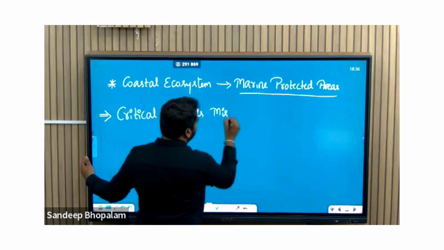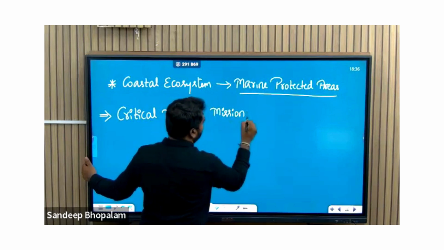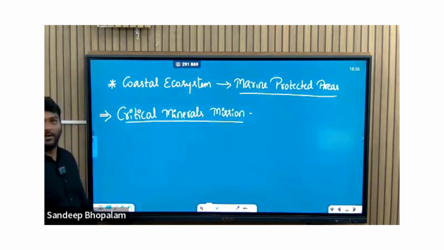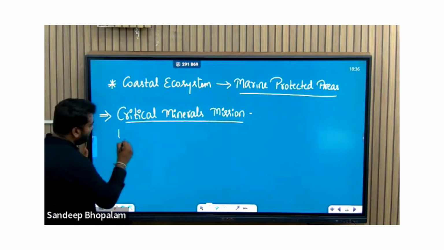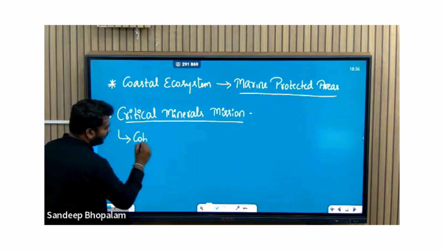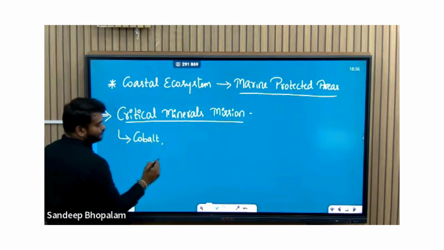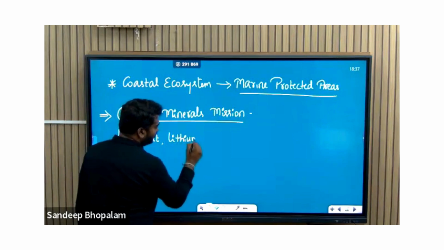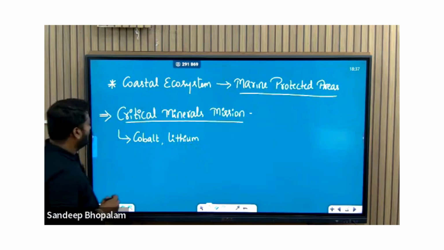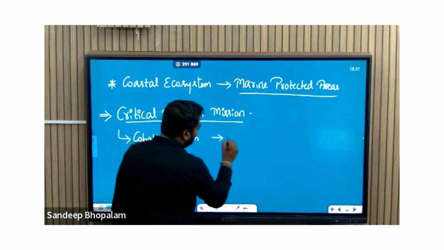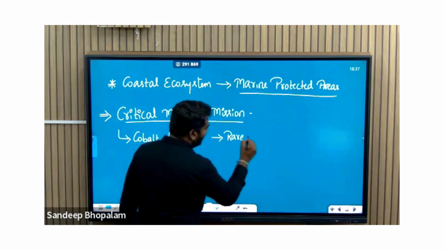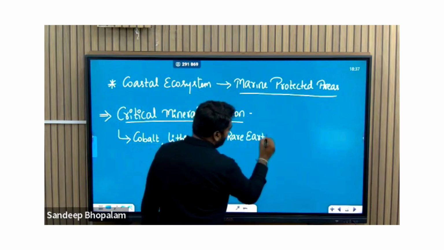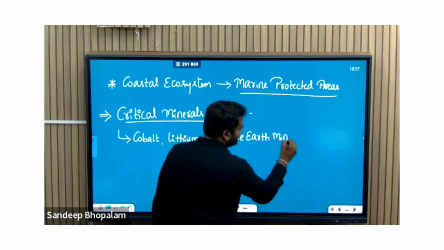Now you see, the next one is critical minerals mission. Okay, please see this. When we talk about cobalt and lithium, these types of minerals are basically called rare earth minerals.